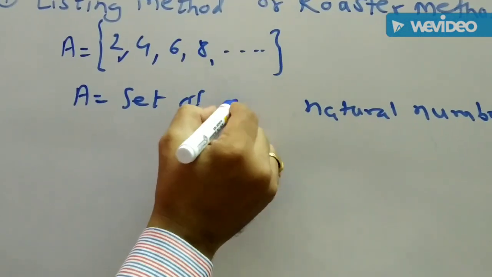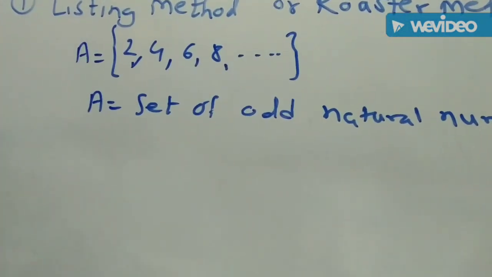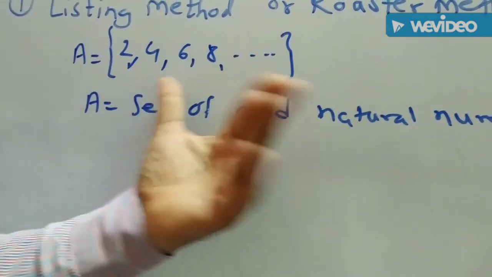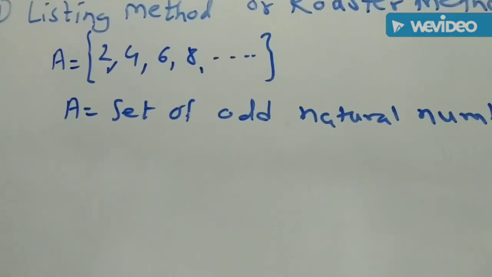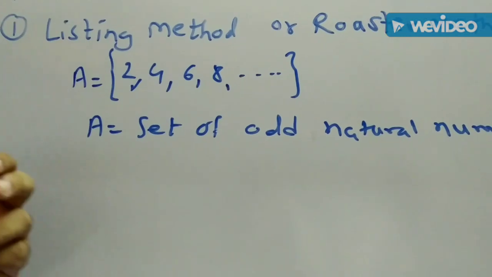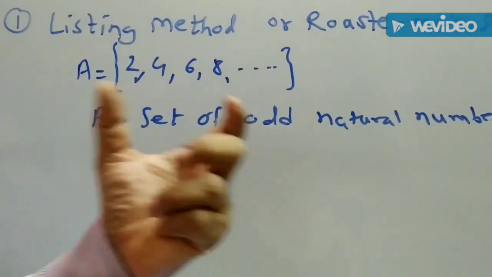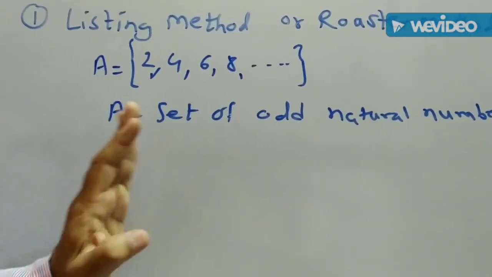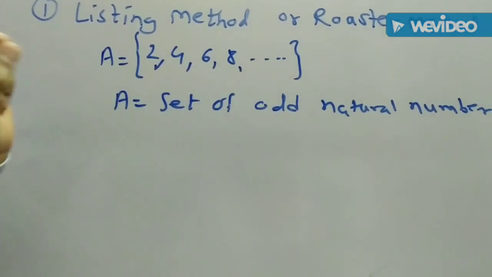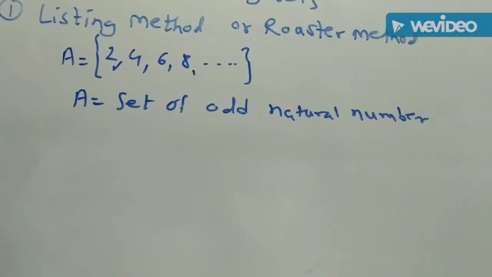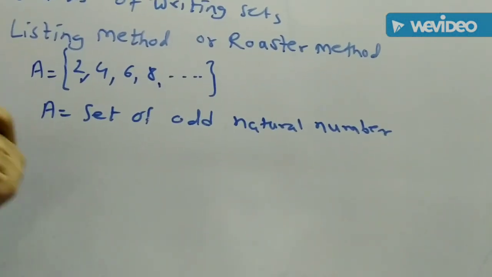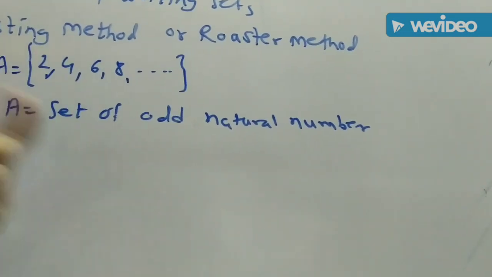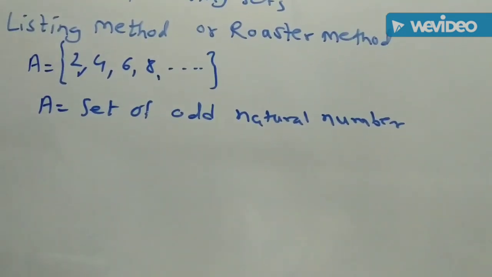Or suppose I take odd natural numbers. We have to write the set of odd natural numbers by the listing method. What is the listing method? In this method, we write all the objects of the given set, each object is written once only, and a comma is given between two consecutive elements.